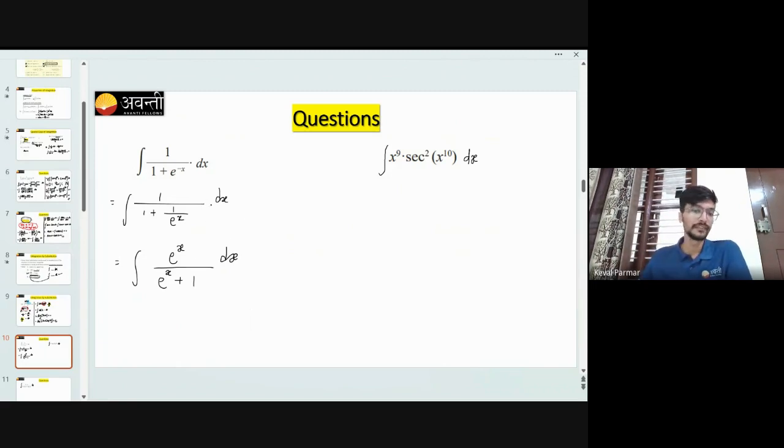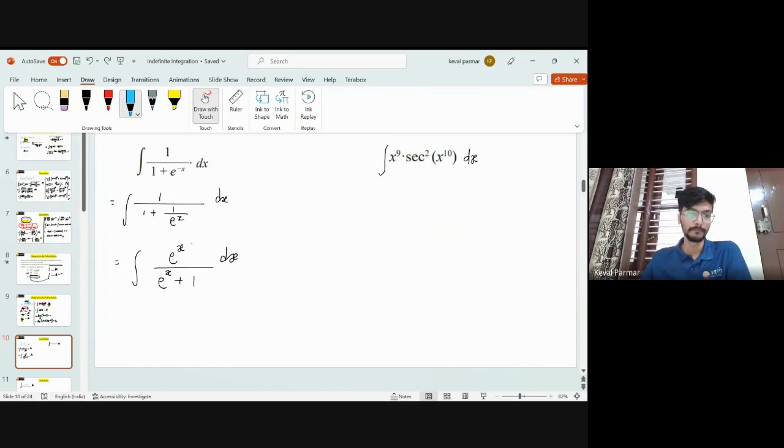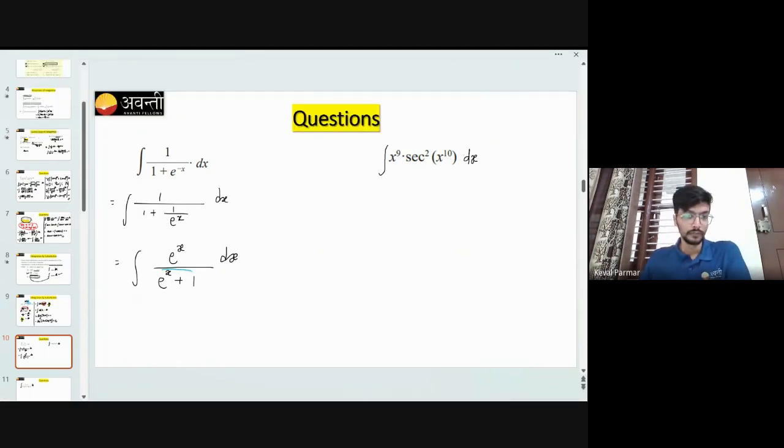So here, to make this function integrable, let's see what we can do. If you remember step 1 and step 2, we need to find f of x and f dash of x. Suppose this is f of x, then if I find f dash of x, this will be f dash of x. I hope you are understanding. So we put f of x as t.